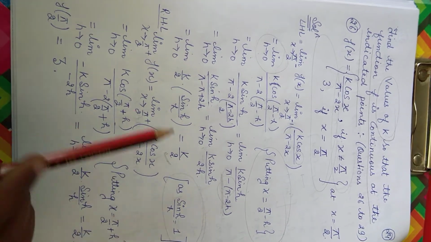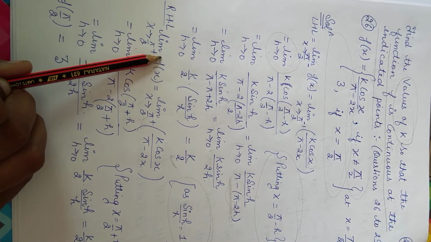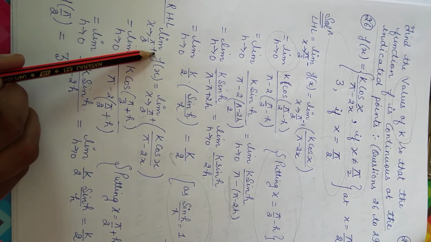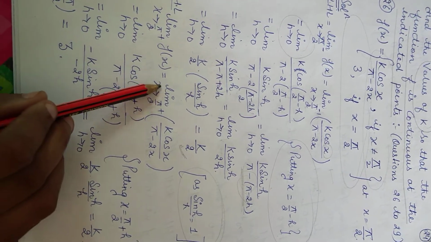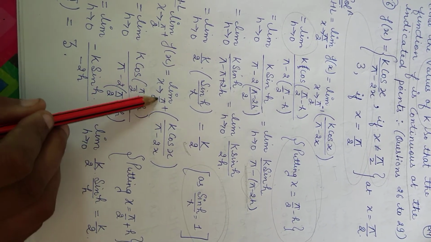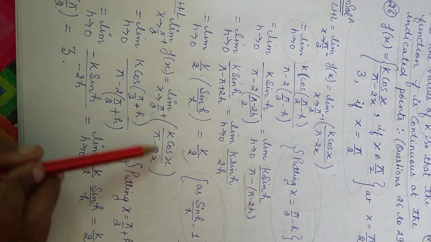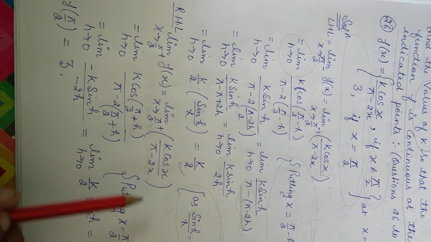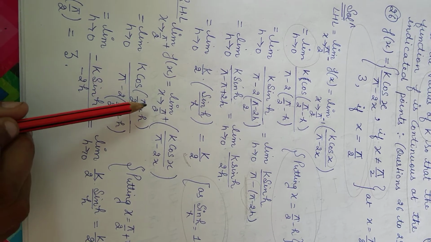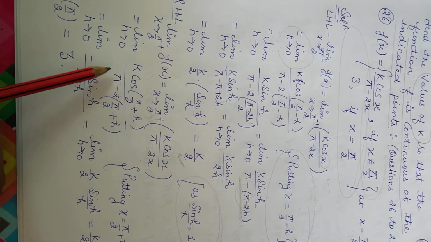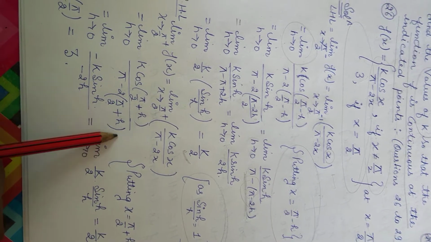Similarly, we will find out the value of RHL, and that will be beta limit of x tends to pi by 2 positive of f(x), that is equal to limit of x tends to pi by 2 positive, that is बच्चे k of cos x upon pi minus 2x, and बच्चे limit of h tends to 0 is k into cos x, that is pi by 2 plus h, and over here it is pi minus 2 into pi by 2 plus h.